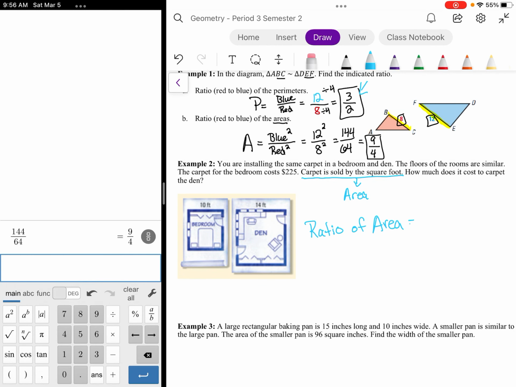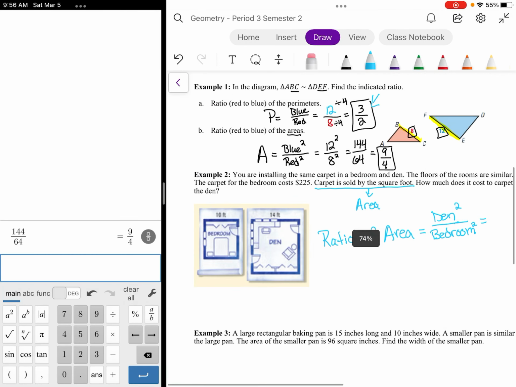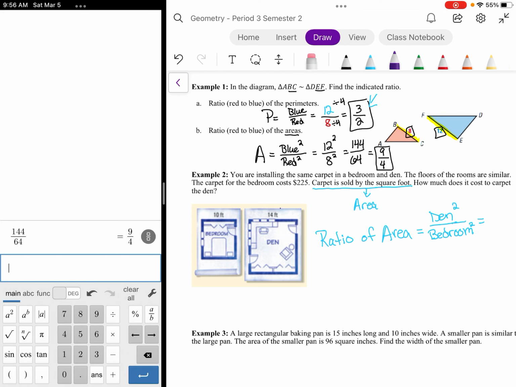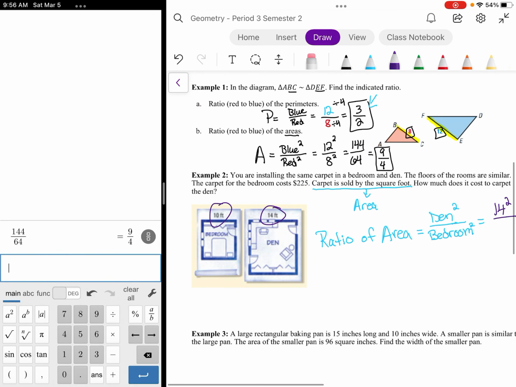So we can do the den over the bedroom. And remember, when we're doing area, we're going to square those values. So the den, they give us a side length of 14. So we're going to have 14 squared over the bedroom. The corresponding side would be 10.